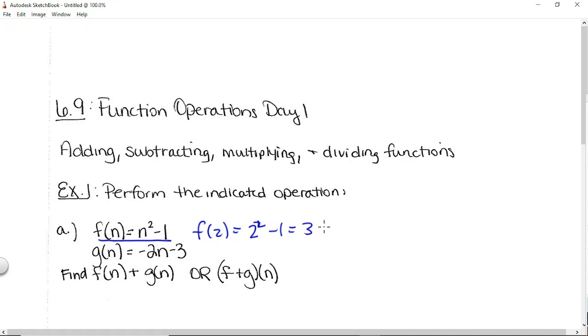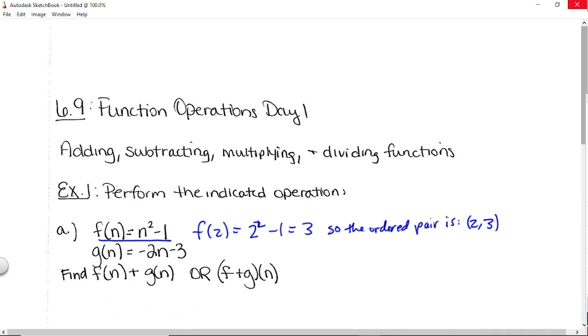So the ordered pair that we've just established is (2, 3). That's just one example of an ordered pair we would get from this function.